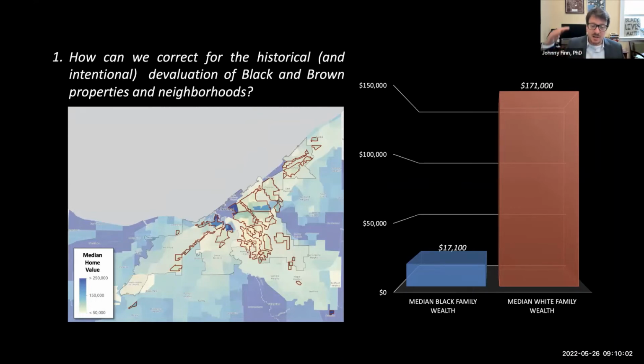And from an economically rational perspective that doesn't take into account the history of discriminatory policies, from an economically rational, quote unquote, race neutral perspective, properties that have higher values should be protected, but those properties, because of the historical inequities, are predominantly white.